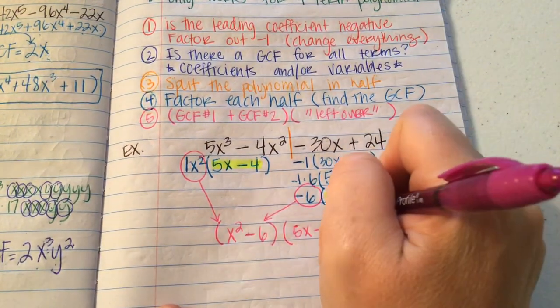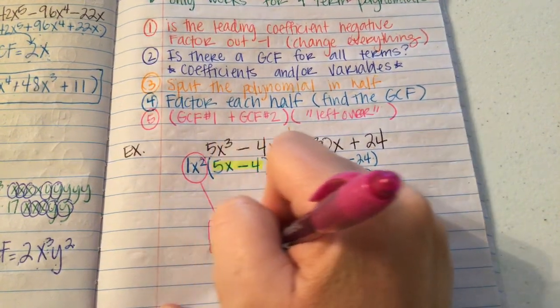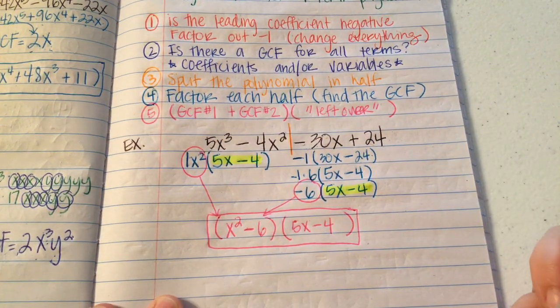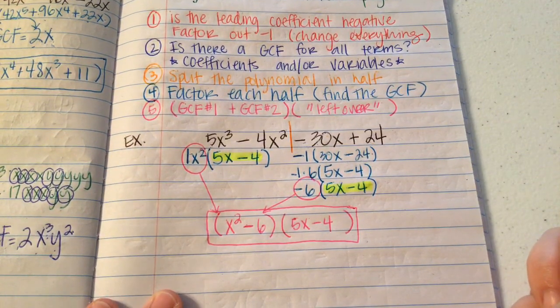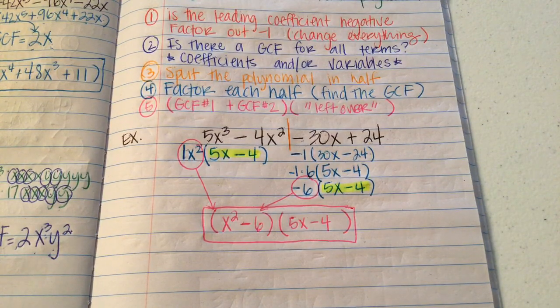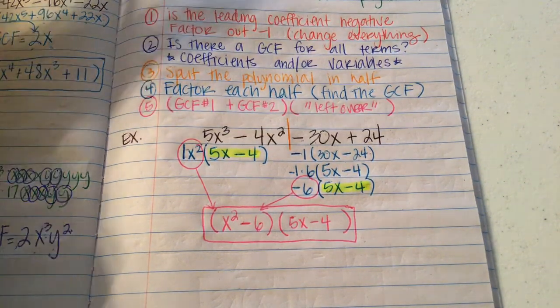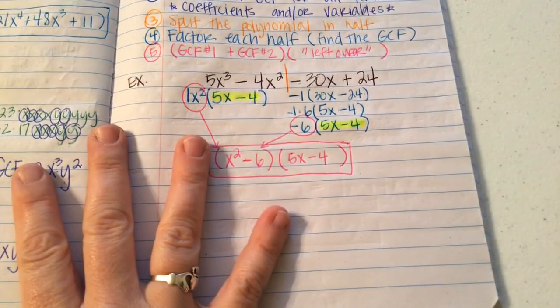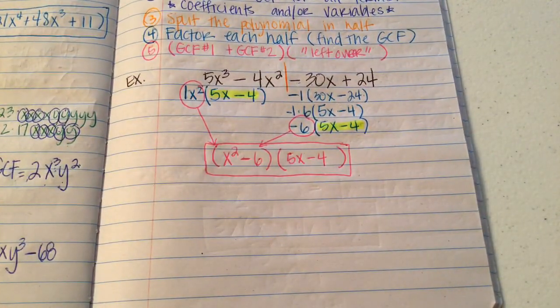So here's my solution. I just factored this 4-term polynomial. We're going to keep practicing if it doesn't make sense right away. And then I will also be available for questions if you have them, right? So we're just going to continue working through these problems.